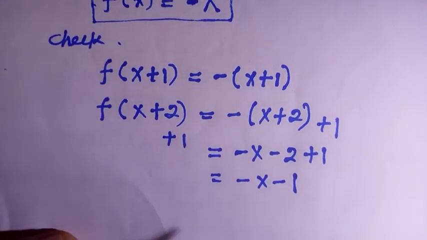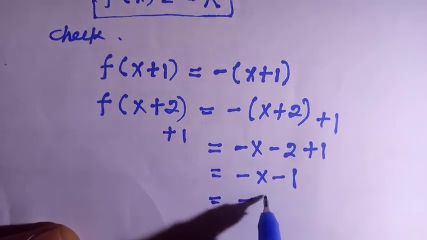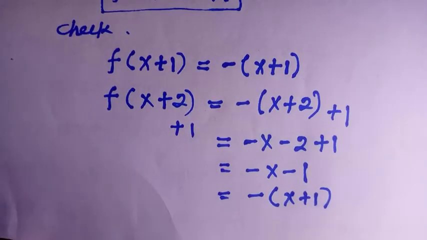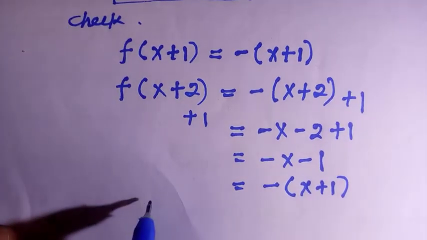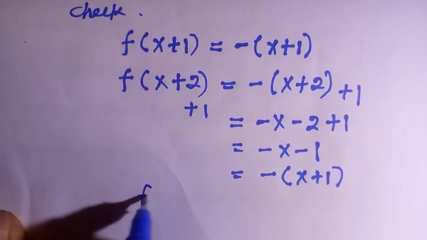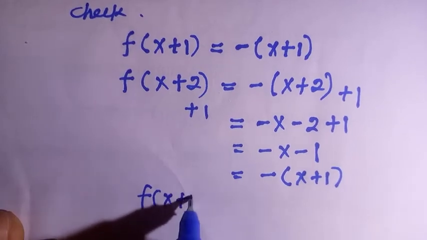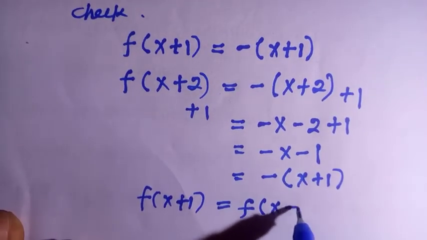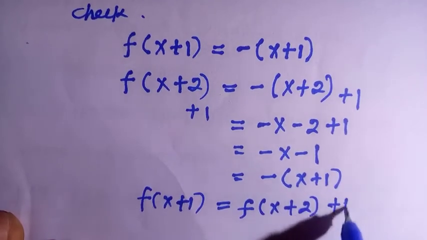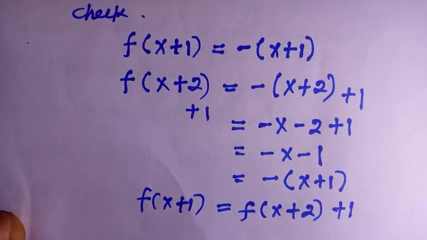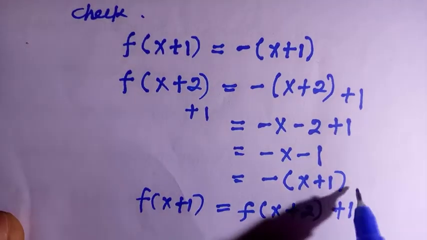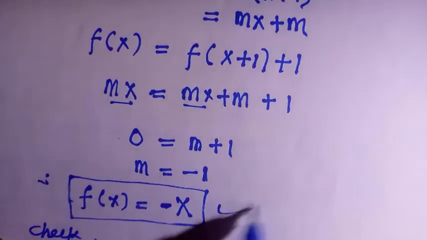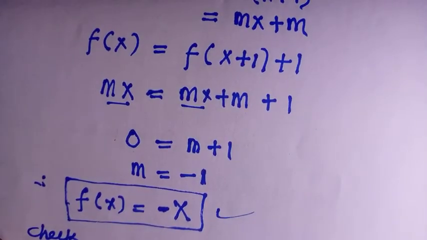By factorizing out the negative, we have negative bracket x plus 1. Wow. So the left hand side equals the right hand side, and f of x equals negative x, which I got, is truly the real function that we are looking for. So f of x equals negative x, and this is true for the real numbers.